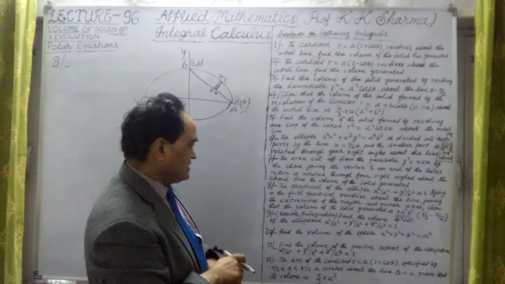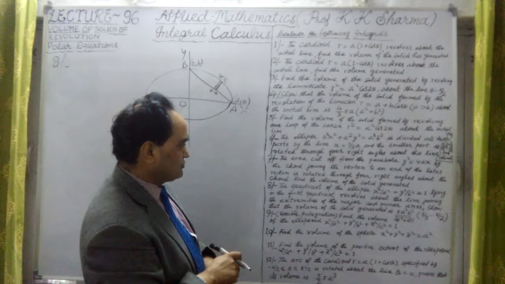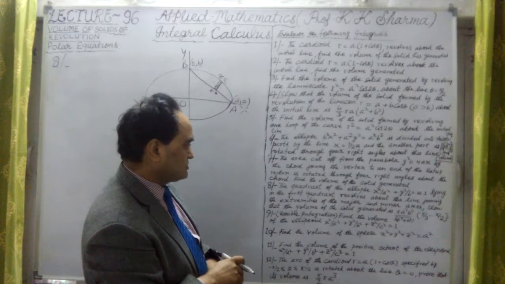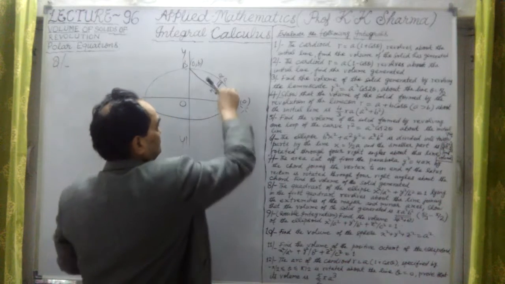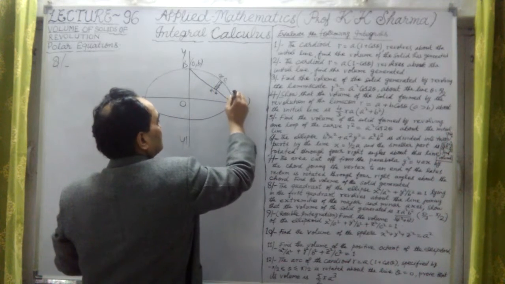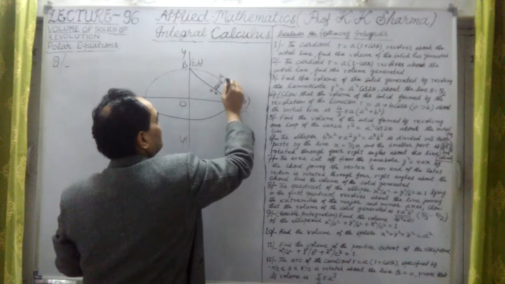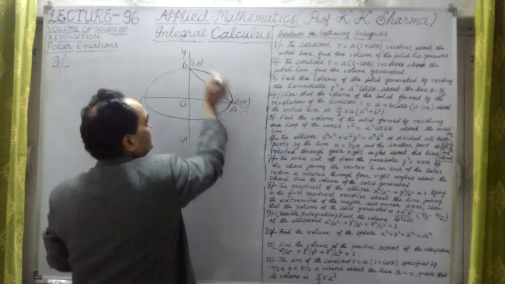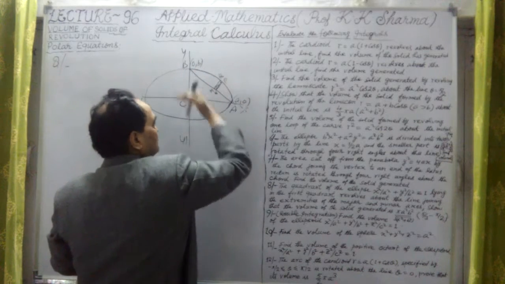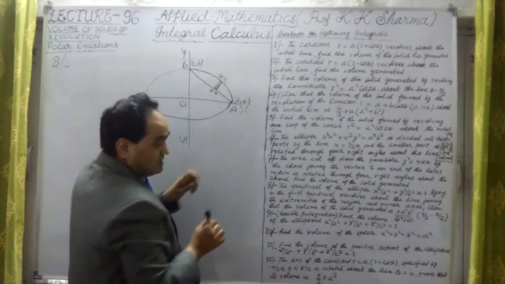Now what does it say? x squared upon a squared plus y squared upon b squared equal to 1, in the first quadrant, revolved about the line. Now this arc is the arc of the first quadrant of the ellipse. That means the arc AB is revolved about this chord AB.